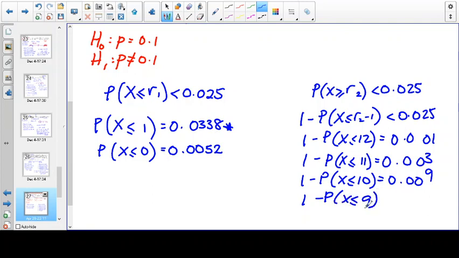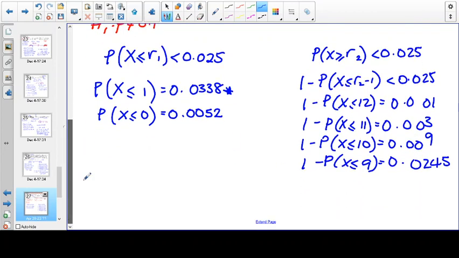9 is 0.0245. And I better just check that 8 doesn't go slightly over but is closer. That's 0.0579. Okay, so that one has gone over, and 9 is closer.